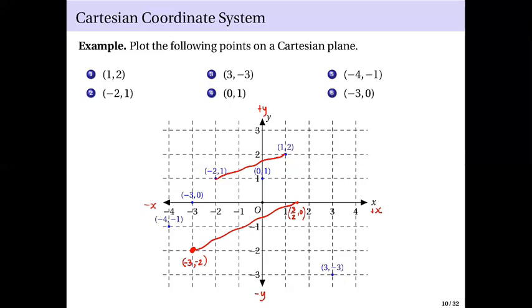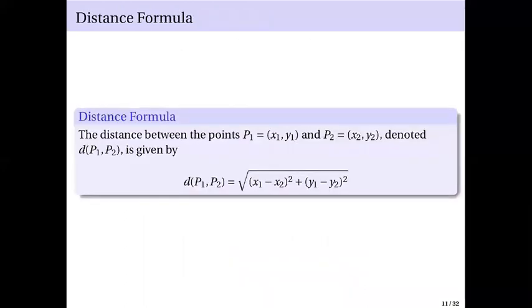Here we have what we call the distance formula. The distance between the points P1 with coordinates x1 comma y1 and P2 with coordinates x2 comma y2, which we denote by d(P1, P2), is given by this formula in here.